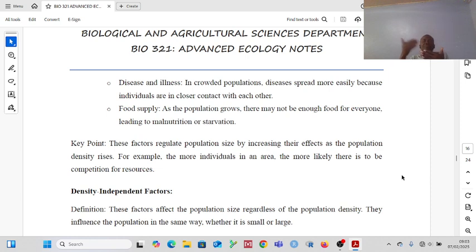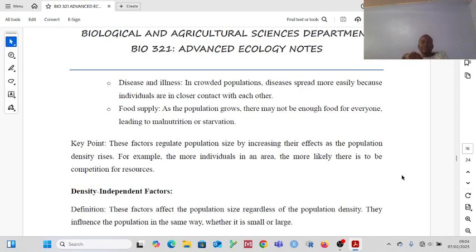So the disease will spread more easily because of that close contact. So there will be a growth in the presence of disease-causing microorganisms. Why? Because of a high density of the susceptible host.